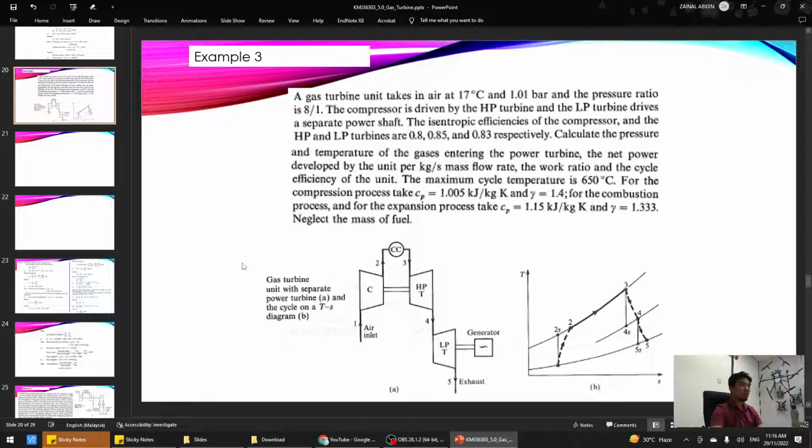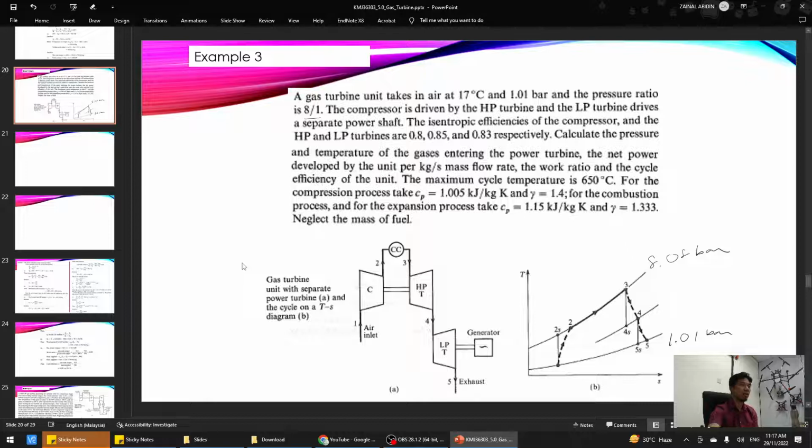So dia ada dua line, pressure line. Satu di sini 1 bar, 1.01 bar, dan di atas ini ialah 8.08 bar. Kenapa saya cakap 8.08 bar? Sebab pressure ratio dibagi ialah 8:1.